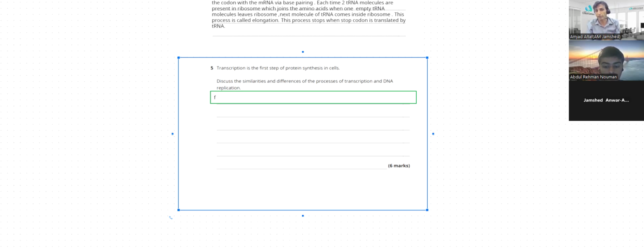Discuss the similarities and differences of the processes of transcription and DNA replication. It's a 6 mark question, so at least you need to add about 4 points for similarities and about 4 points for differences.